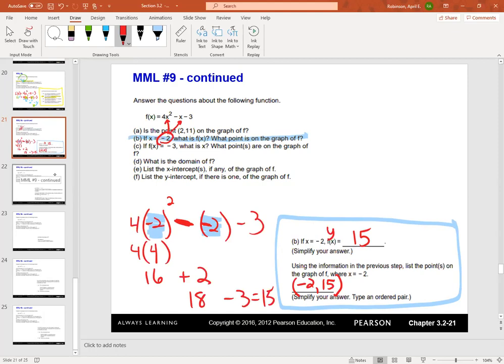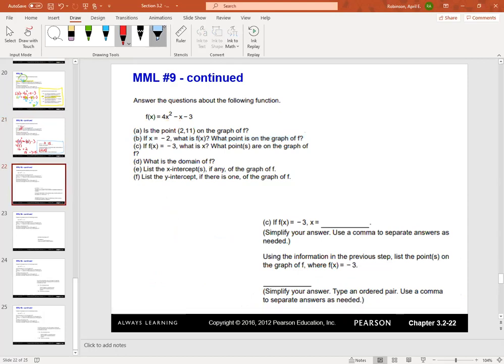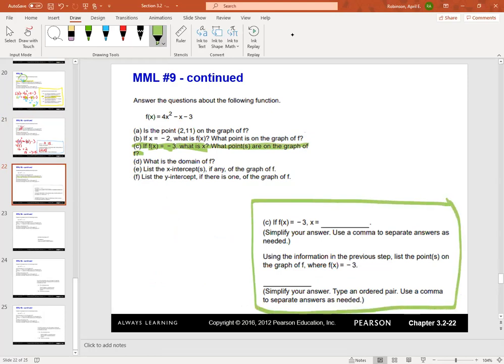And part C says, if f of x equals -3, what is x and what points are on the graph of f? And here's the answer box. Now, this time they're telling you what f of x is.